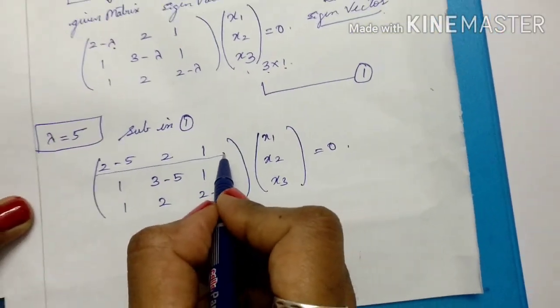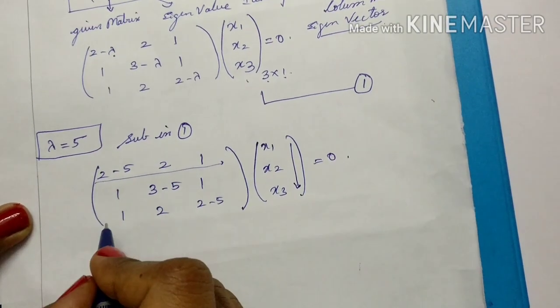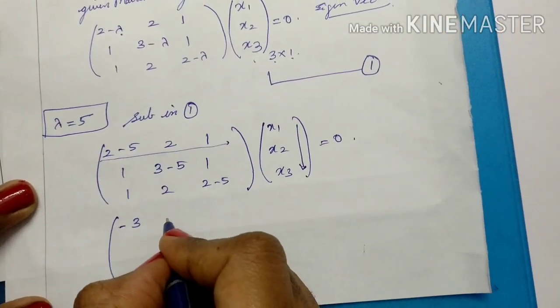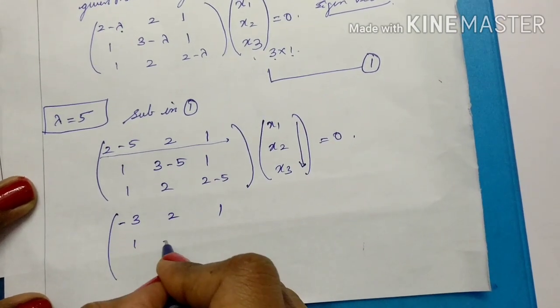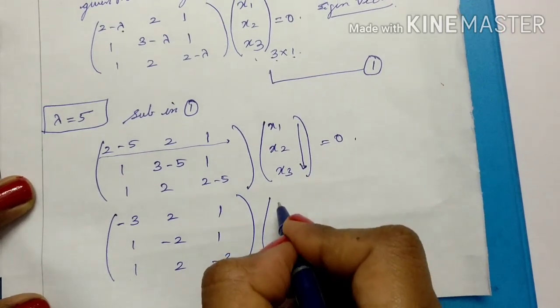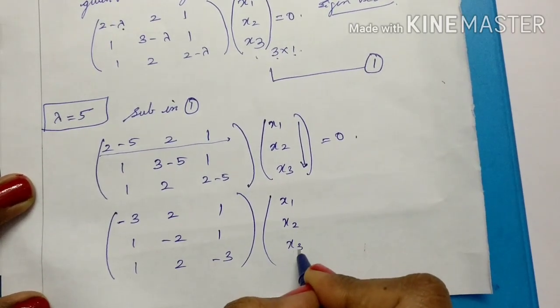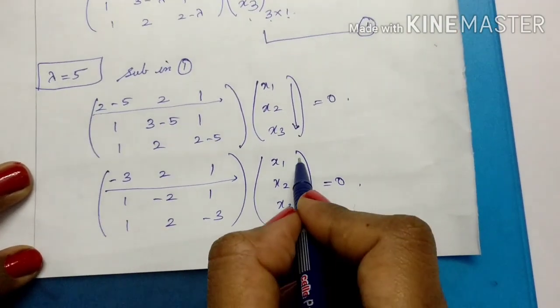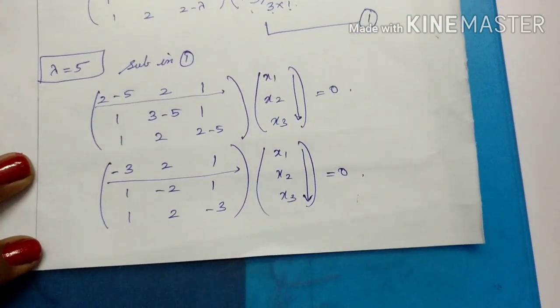Simple matrix multiplication, first row with the column. So let me simplify first. It will be [minus 3, 2, 1; 1, minus 2, 1; 1, 2, minus 3] of x1, x2, x3 is equal to 0. Now just matrix multiplication.